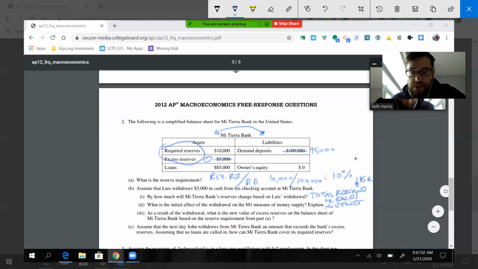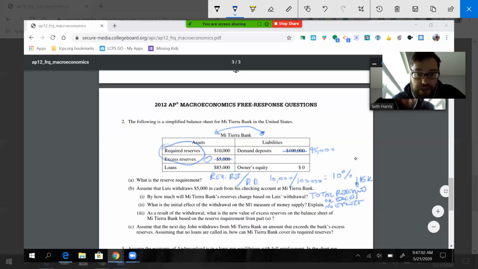So you're just changing the composition of M1 from a demand deposit to cash, but the whole pile of M1 is not changing. So, no effect on M1, with a sentence or two explaining that cash and demand deposits are both part of M1, so when you move one to the other, you're not affecting the total.